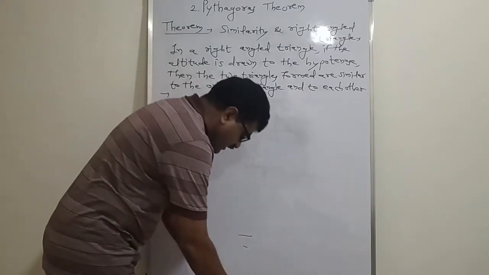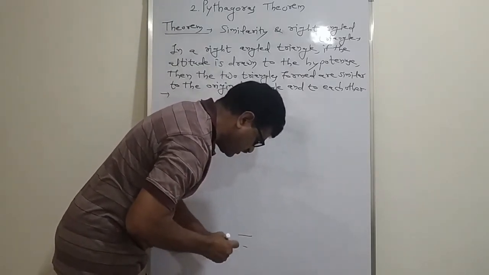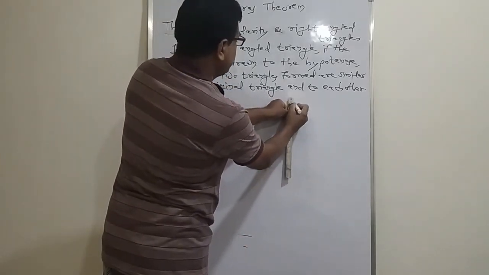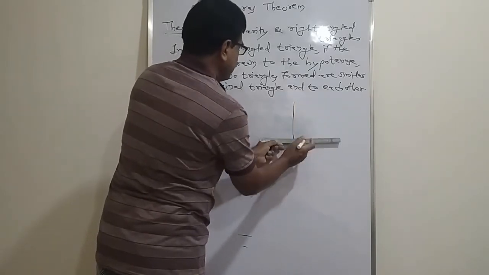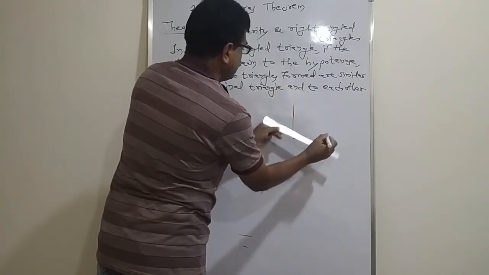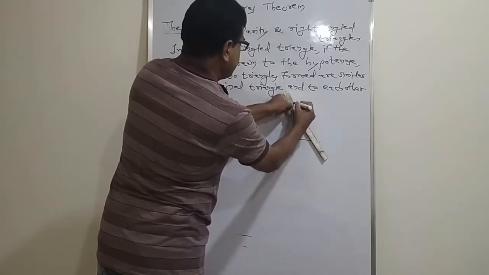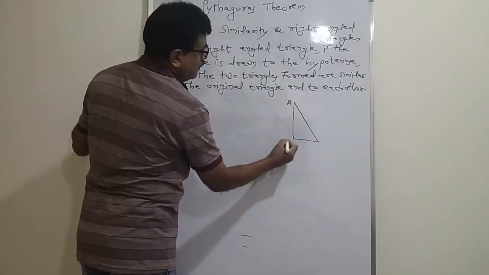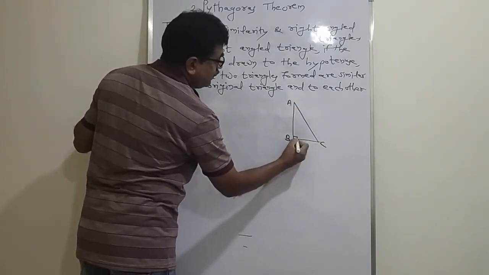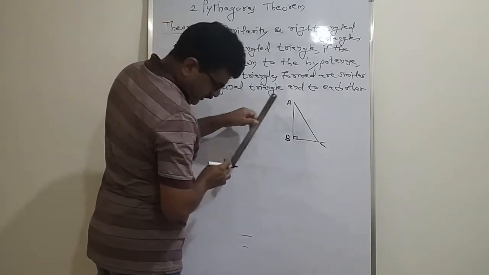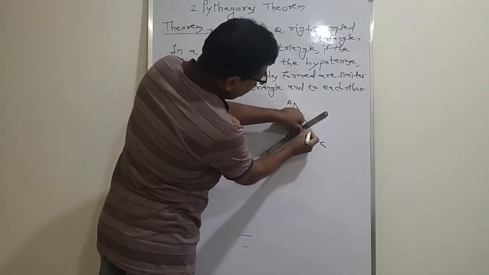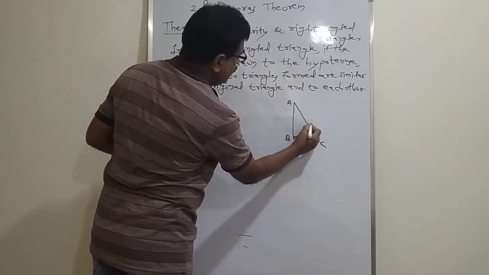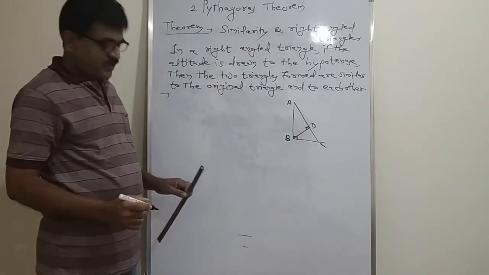Now first we have to draw the triangle ABC, a right angled triangle ABC, and here BD is perpendicular to AC.